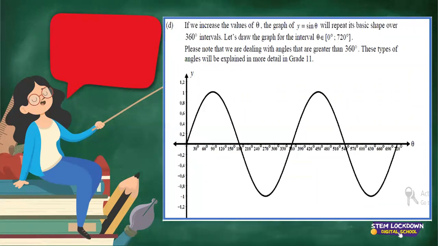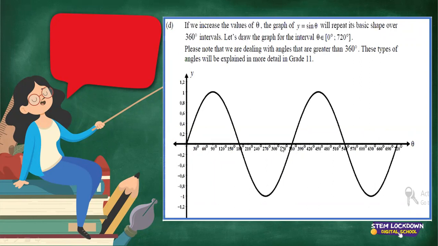So that can be changed. You can manipulate the graph even to that extent. If you have to increase the range of theta, how would the graph look?